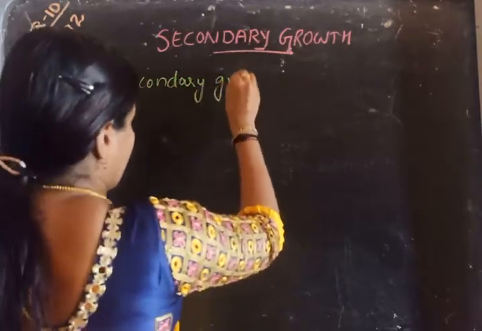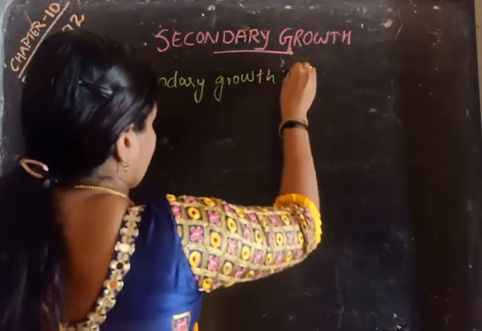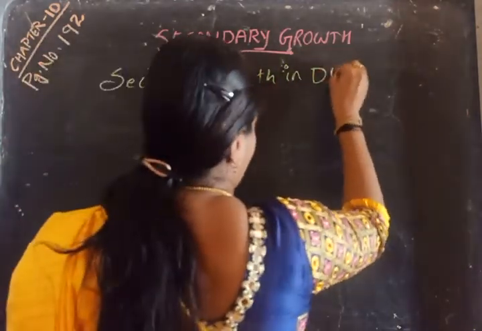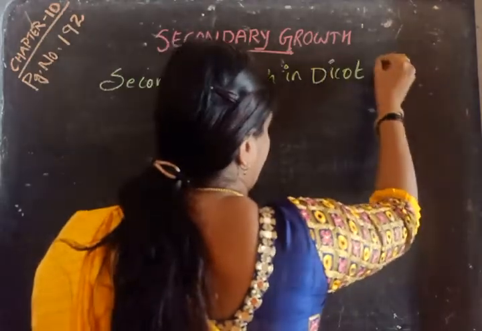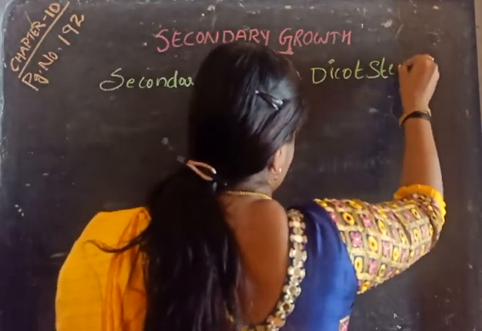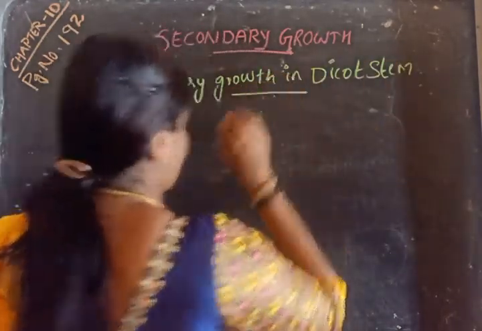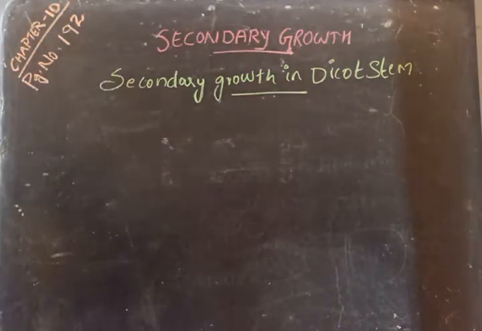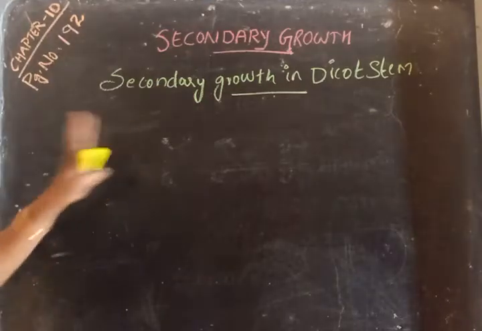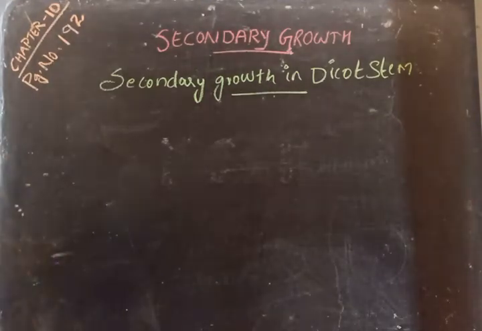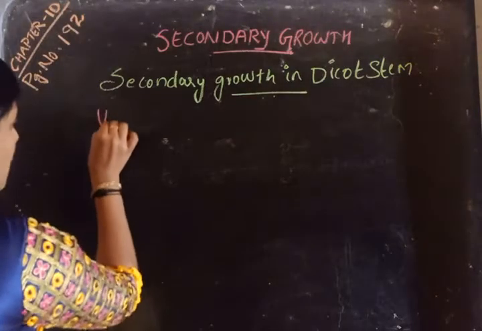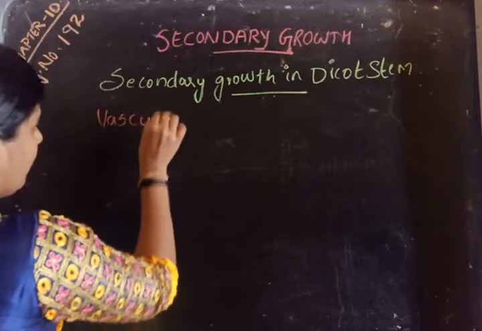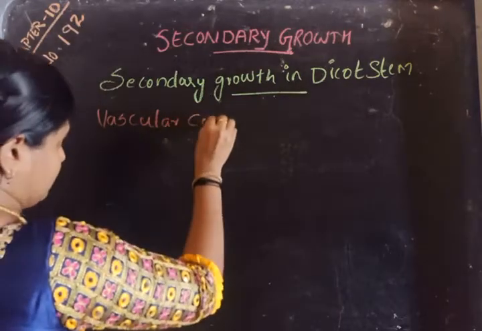We already said that secondary growth is brought about by two lateral meristems, vascular cambium and cork cambium. So, we can discuss vascular cambium.